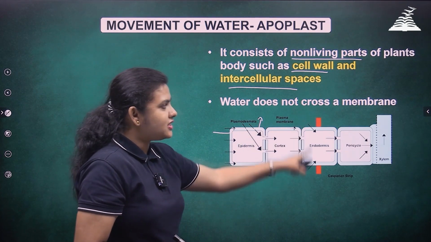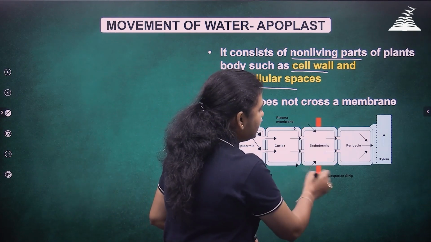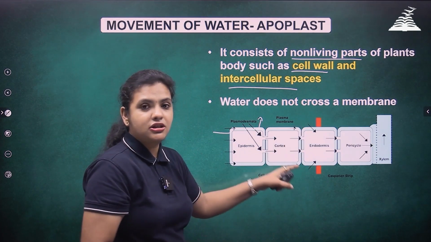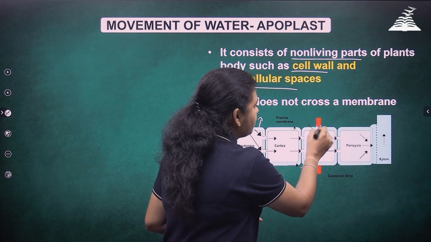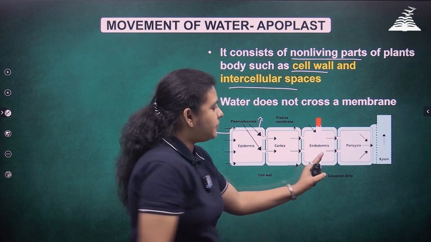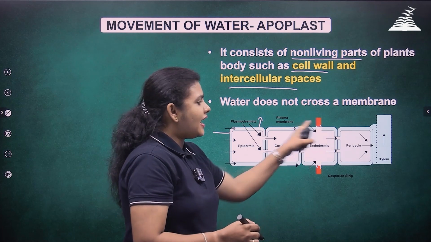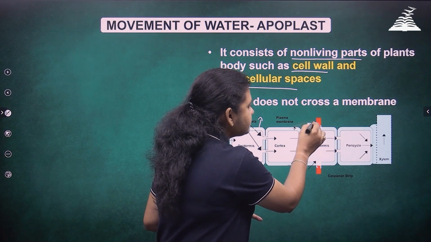But when it reaches the endodermis, can you see this reddish orange colored structure? I will just put an extension of this. So when these strips are present like this, they act as a barrier. Can water cross this?